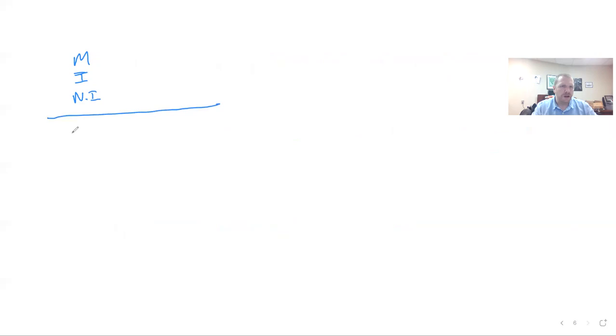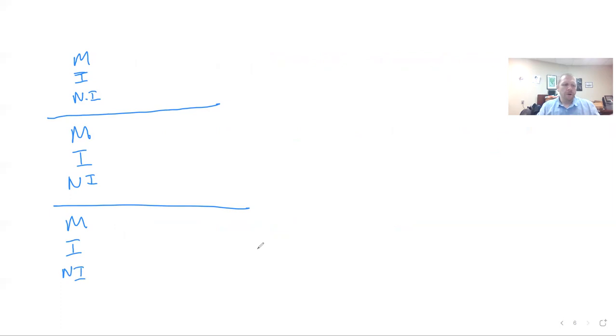And then you have another block that is a molecular, ionic, net ionic, and then a third one, molecular, ionic and net ionic. Now, the caption above each one of those, for the first one, is going to remain exactly the same. The second one says, in the space below, write the molecular, net ionic and ionic reaction for the combination of calcium hydroxide and hydrochloric acid.